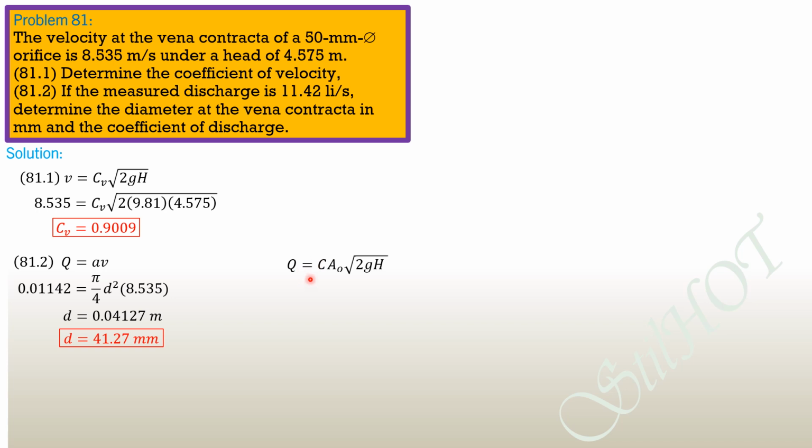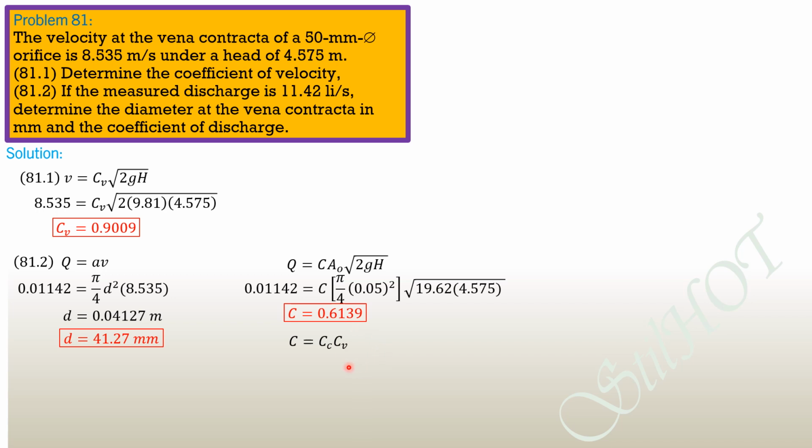So we can solve for C first. 0.01142 equals coefficient of discharge pi over 4 times 0.05 squared times square root of 19.62, 2g, times head 4.575. So solving for C is equal to 0.6139.